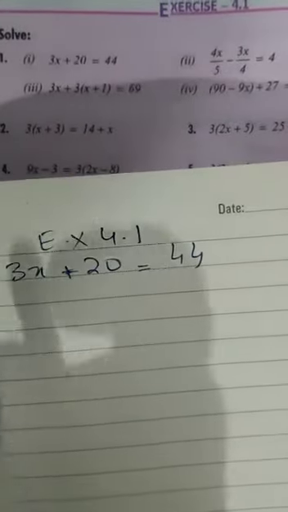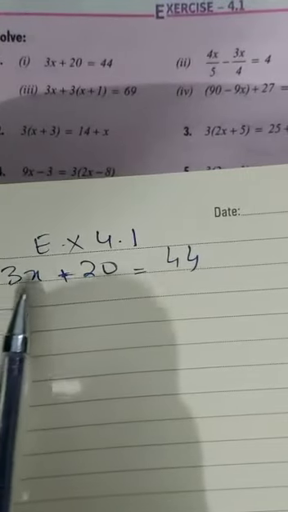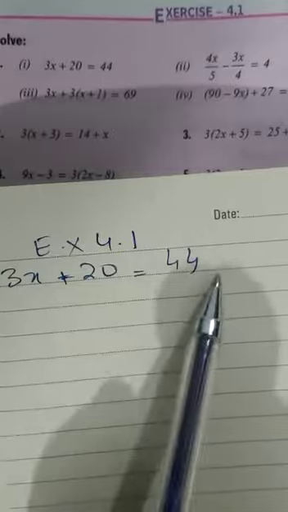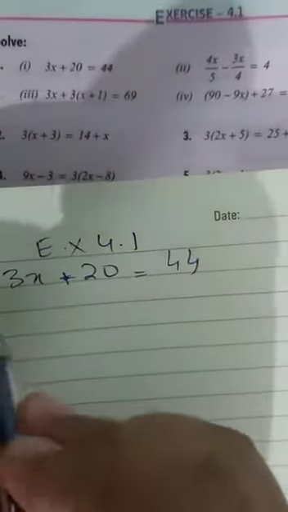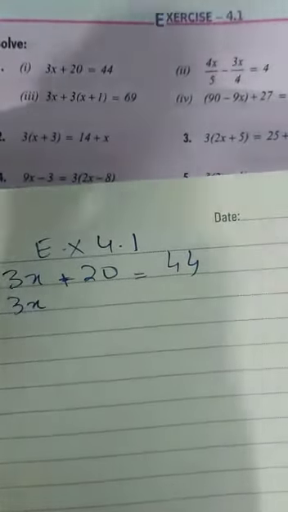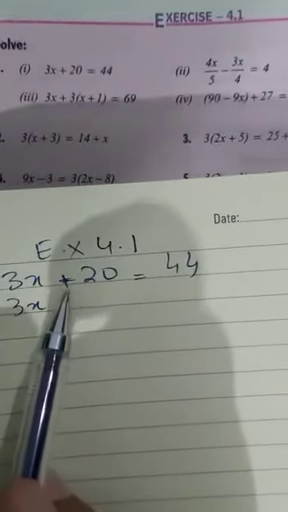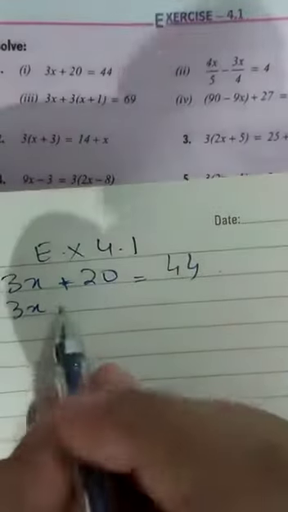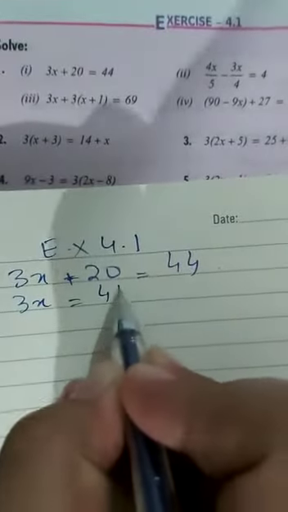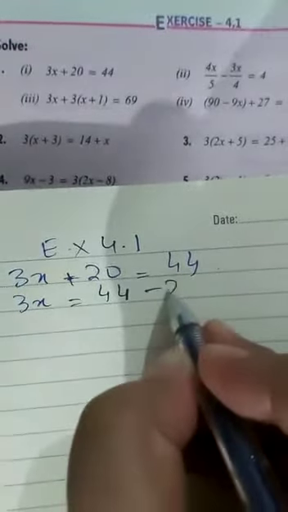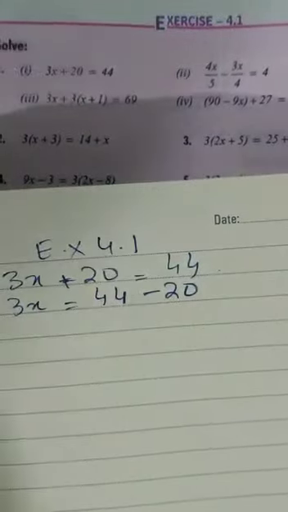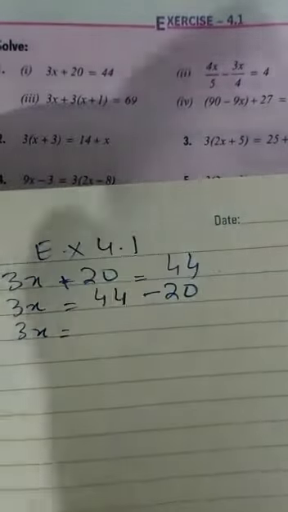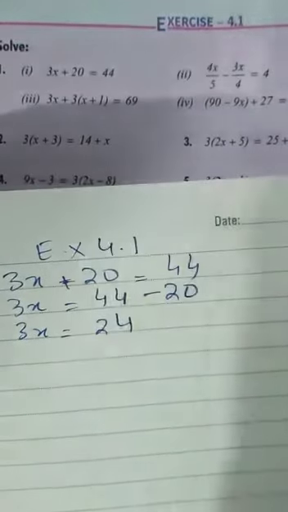The simple way to solve this is to keep the variable 3x on one side of the equality and the constant on the other side. So 3x remains before the equality, and plus 20, when it is moved to the other side of the equality, will be minus 20. So 3x equals 44 minus 20, which is 24.